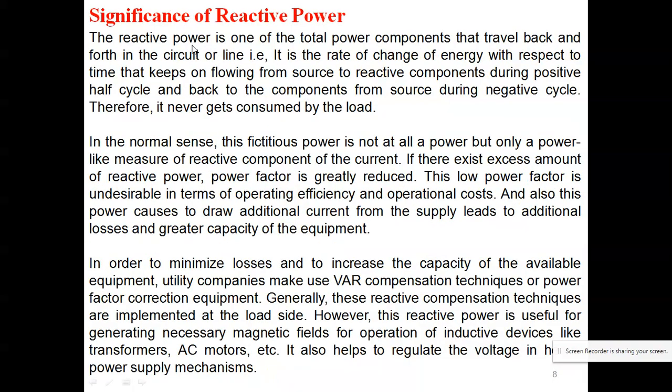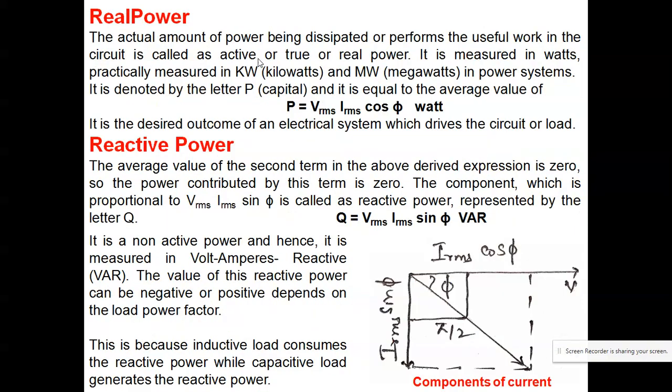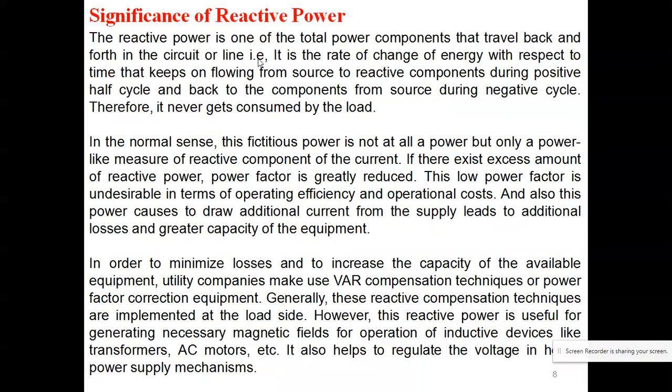Now I will show the significance of the reactive power. We have seen it is not useful power, the non-active power in the circuit, but still it is power. So what is the physical significance of this reactive power? Reactive power is the component of total power that travels back and forth in the circuit, moving in the forward direction and back direction.